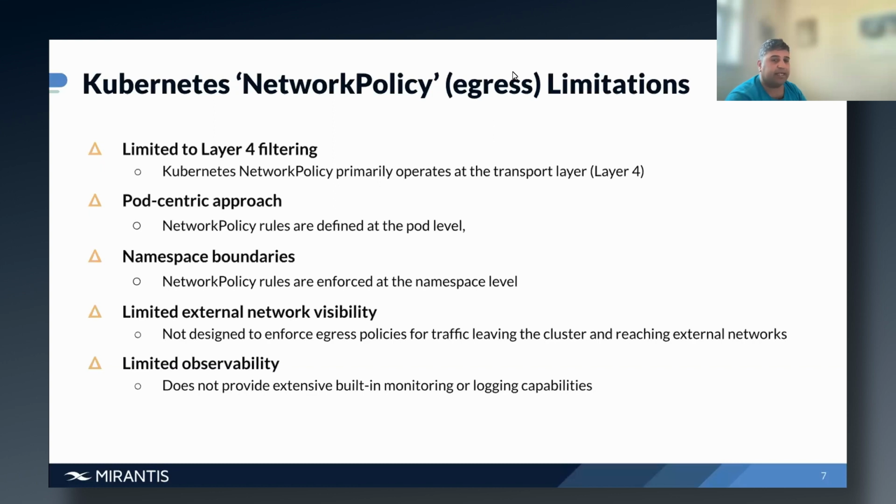And obviously there is limited observability. You don't get any observability out of the box. There's no extensive built-in monitoring, logging, and capabilities, and that can make it very challenging to gain visibility into egress traffic and diagnose any network-related issues.